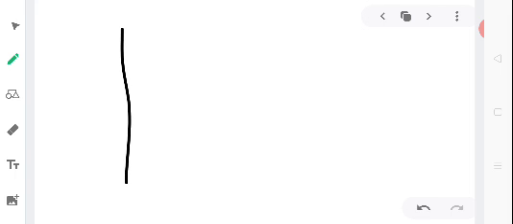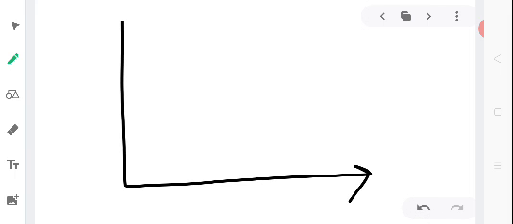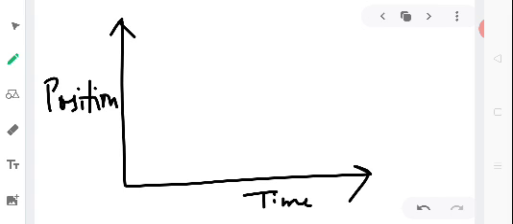For that, again, let us draw the axes. We are marking position and time.